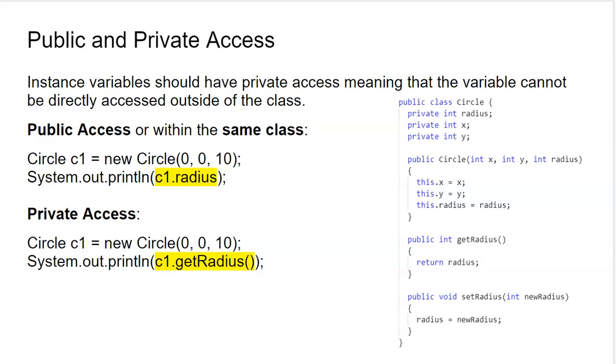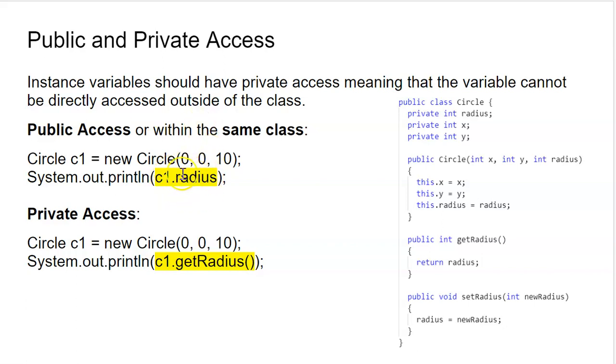But just to go over the difference between the two in terms of making objects, if radius had public access, so if you were trying to access the radius of some random circle c1, and it did have public access, then if we were in some other class, like the main class, we could just write System.out.println(c1.radius).